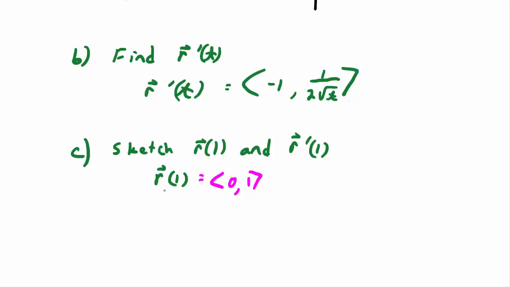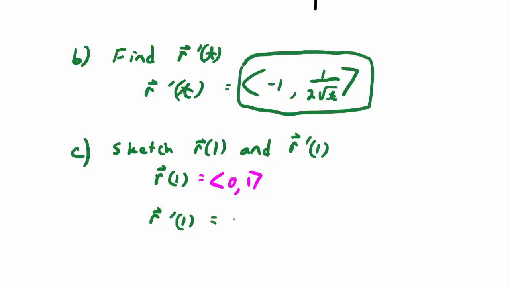And then r prime of 1, we haven't computed yet. What would r prime of 1 equal using r prime from part B? It'd be the vector -1, 1/2. Now, I'm going to do something special with this graph to illustrate something.